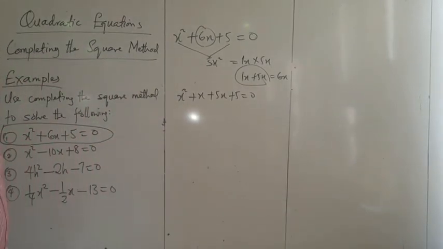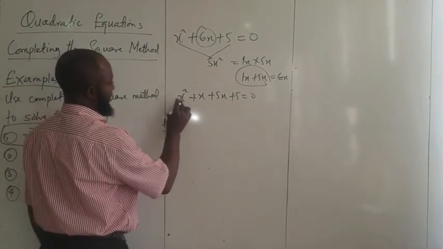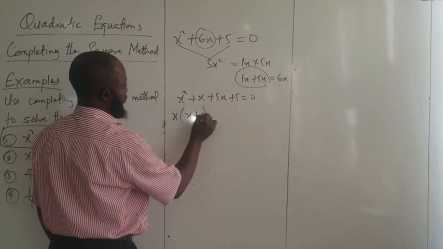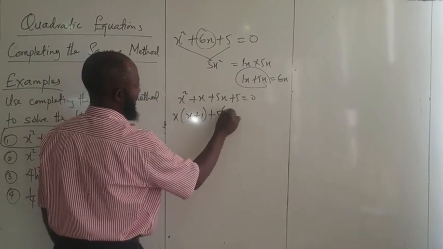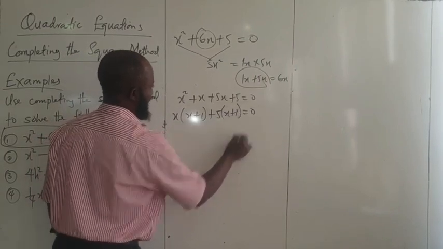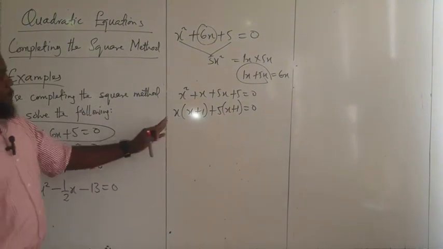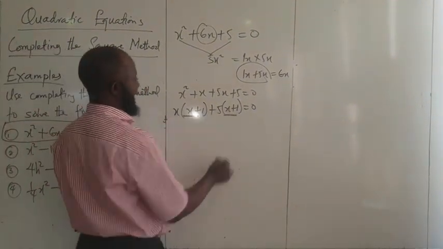I hope I'm making sense. So let's factorize. x is common: x times x plus 1, plus 5 is common: 5 times x plus 1, equals 0. You see that what we have in this bracket and this bracket are the same.